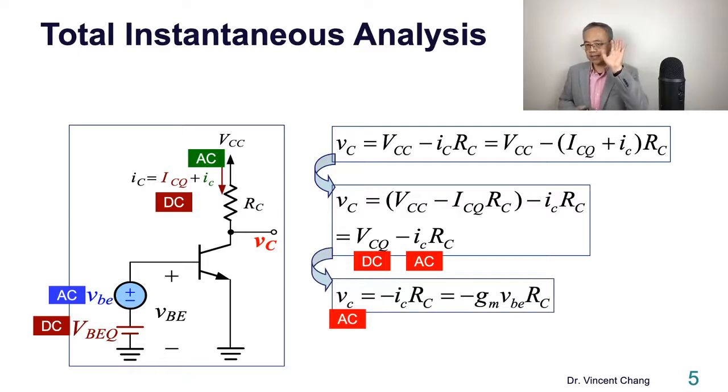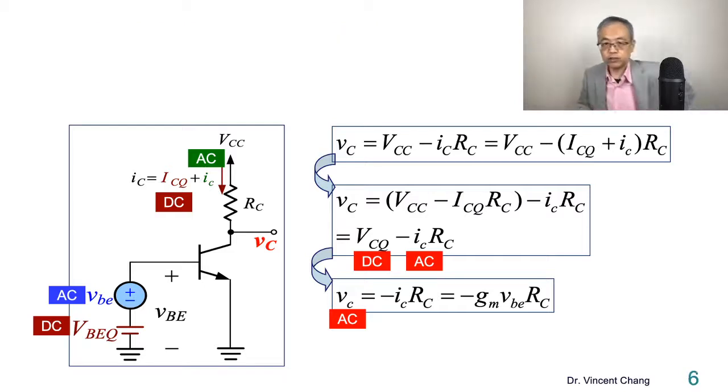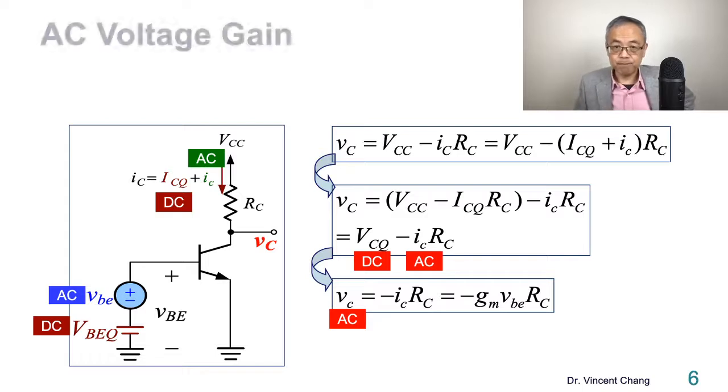Now let's focus on the AC output voltage, because our goal is to find the AC voltage gain. Under the small signal approximation, it is linearly proportional to the AC input voltage, vbe.